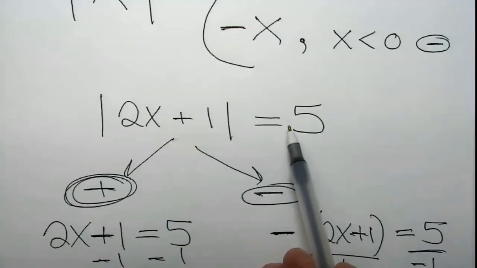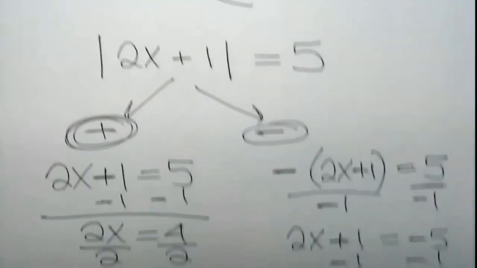Now I want to talk about solving an absolute value inequality. Inequalities are a little more interesting. In fact, there's many more solutions to an inequality than there is to an absolute value equation. There's only 2 solutions, and generally you should find 2. So, also I would recommend checking the absolute value equation, because what if it said the absolute value of 2x plus 1 is equal to negative 5?